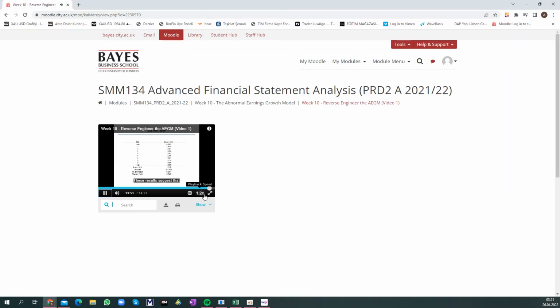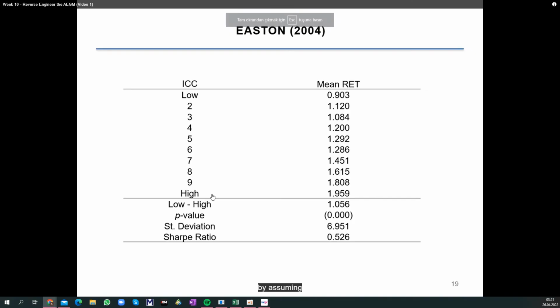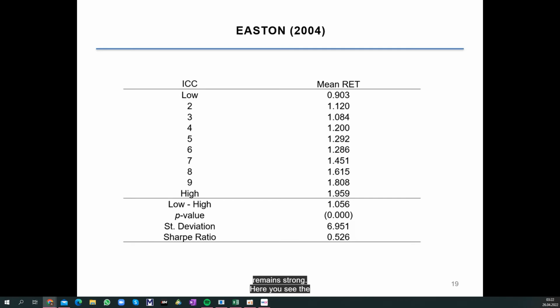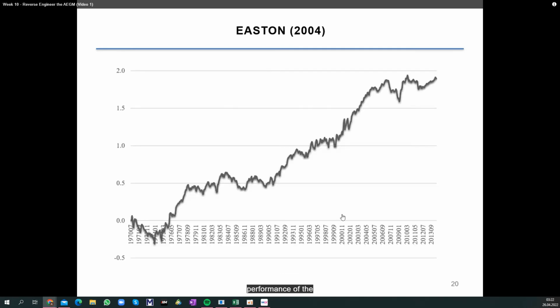These results suggest that even if we simplify the abnormal earnings growth model by assuming 0 dividend payments and 0 growth in abnormal earnings growth, the return predictability of the implied cost of capital remains strong. Here you see the performance of the hedge portfolio strategy over time, over the period from 1970 up to 2013, and you see that the strategy remains profitable and impressive.